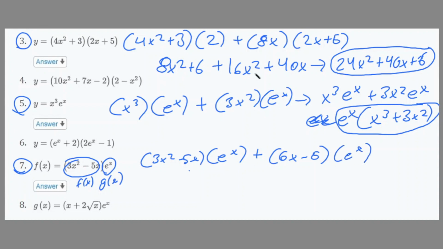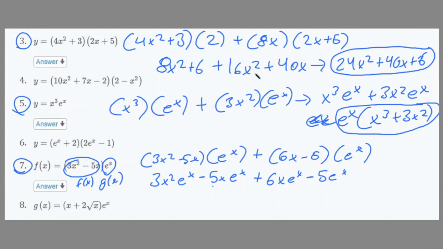And now if we multiply it out, we get 3x squared e^x minus 5x e^x plus 6x e^x minus 5e^x.